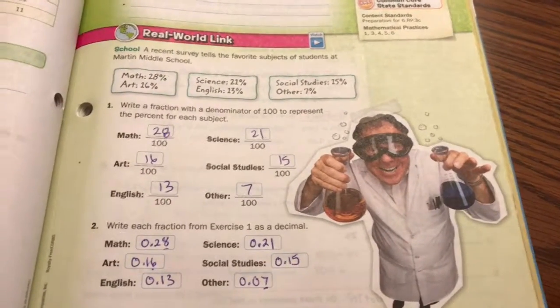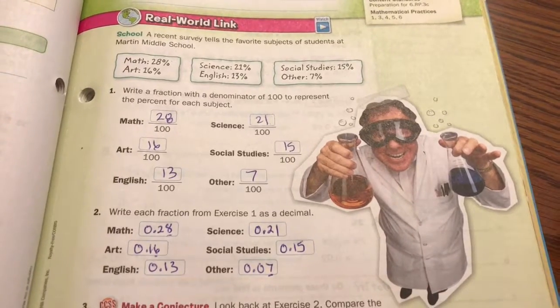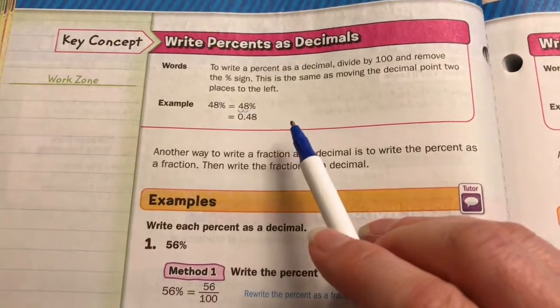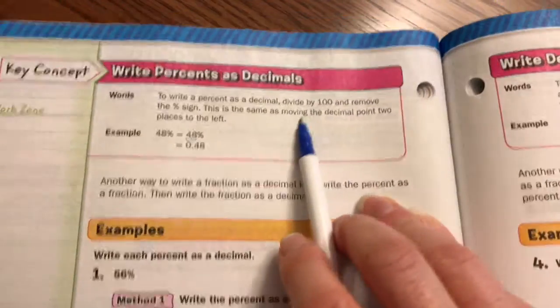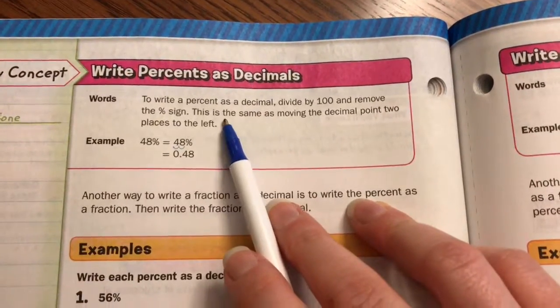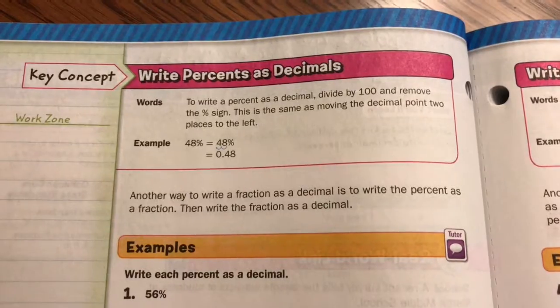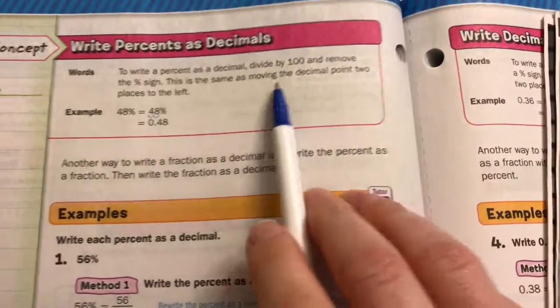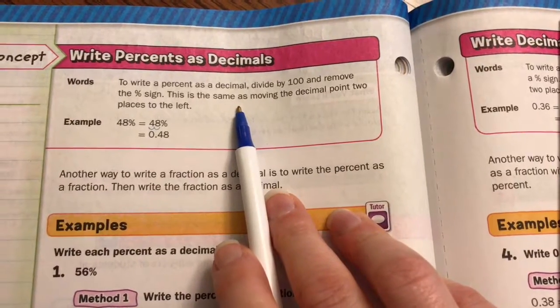So, like I said, it's going to be pretty basic. So we're going to turn percents into decimals and decimals into percents. And we're going to start by turning percents into decimals. This is page 110. Okay, so how do we do this? To write a percent as a decimal, you need to divide by 100 and remove the percent sign.